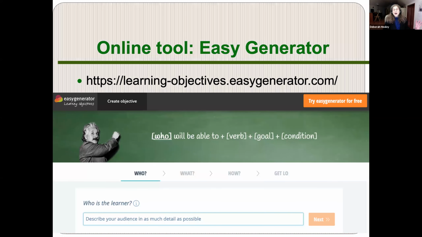I'll mention one little tool here. You can use this online tool called Easy Generator. It's cute. It doesn't do wonderful objectives, but it gives you an idea of how to do an objective. It's learning-objectives.easygenerator.com. So this is something that you can try.